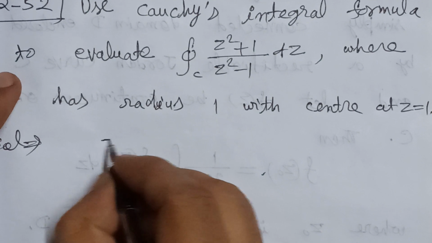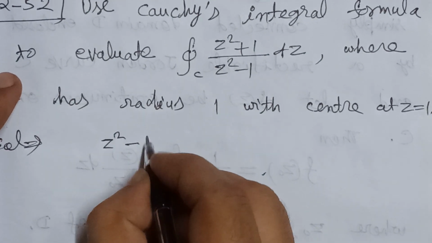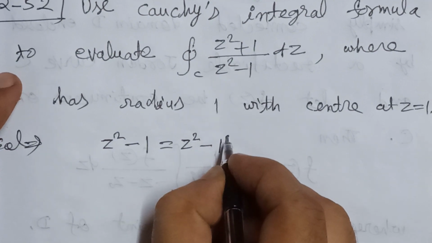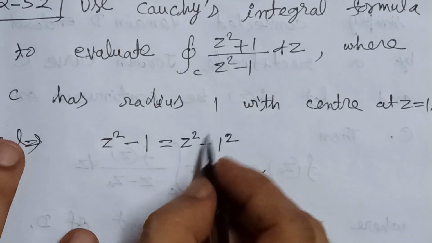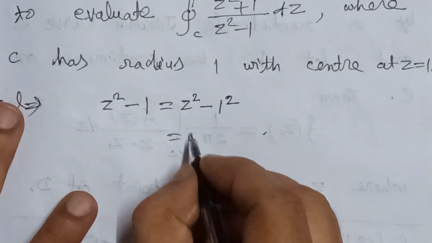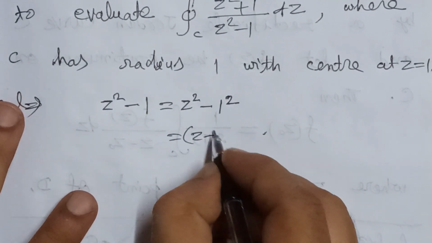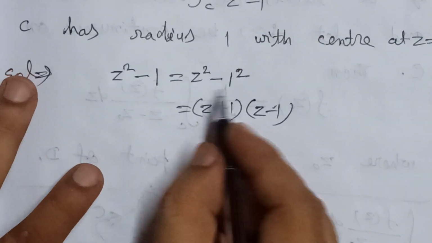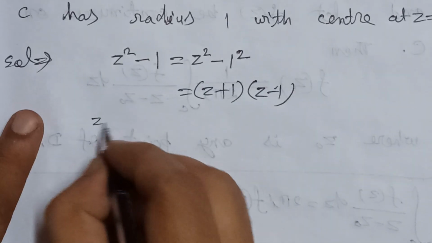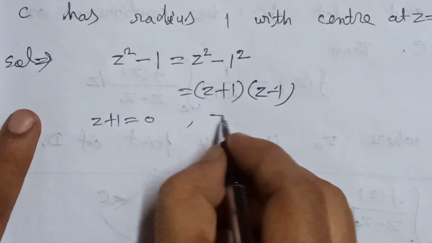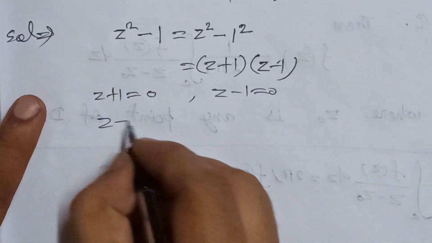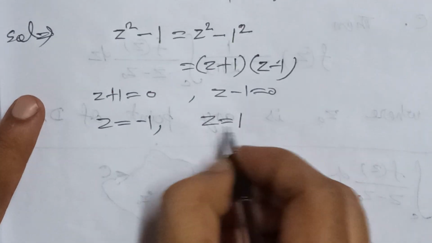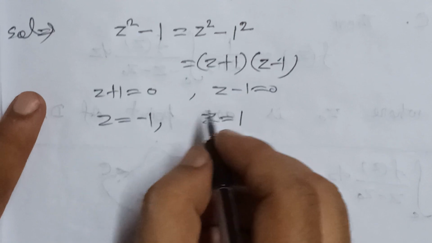So we have to factorize in linear factors: (z plus 1) and (z minus 1) are the 2 factors, and putting this value equal to 0 we find the value of z, which is z is equal to minus 1 and z is equal to 1.